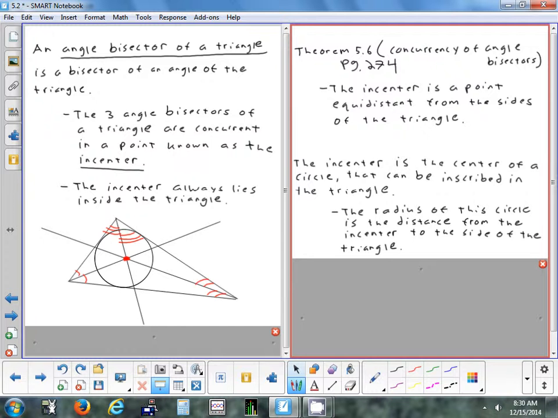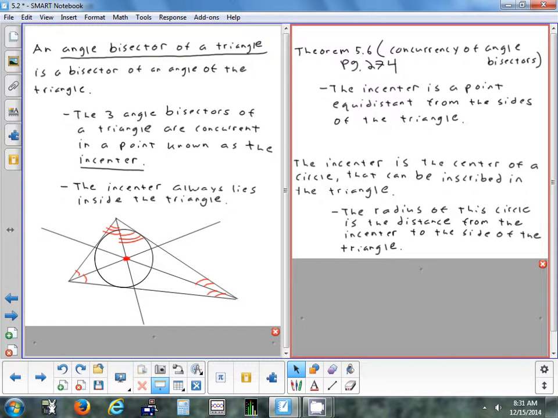So the radius of this circle is the distance from the center straight to the side of the triangle. So remember, if you're going to measure the distance for something, you want to measure it straight.